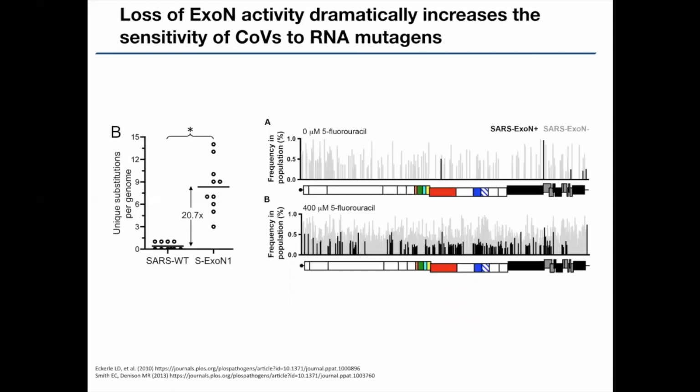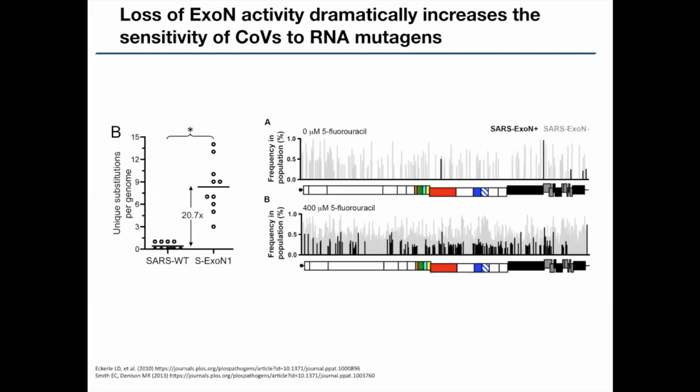You can see this spread across the rest of the coronavirus genome, first focusing on the upper panel, where the black lines show the frequency of mutation in the population during infection with the wild type virus, and the gray lines show the same thing during infection with the exon mutant virus. And you can see there's a significant increase in the number and distribution of mutations that are acquired.